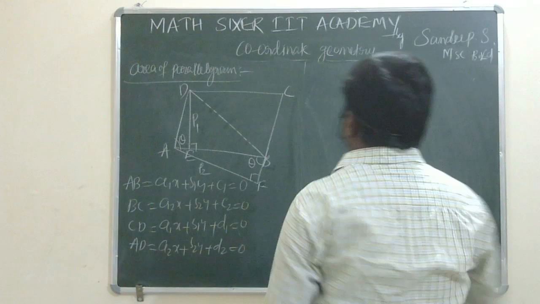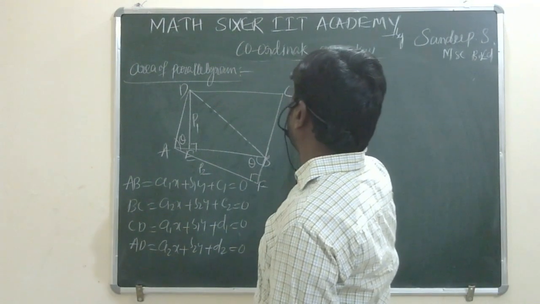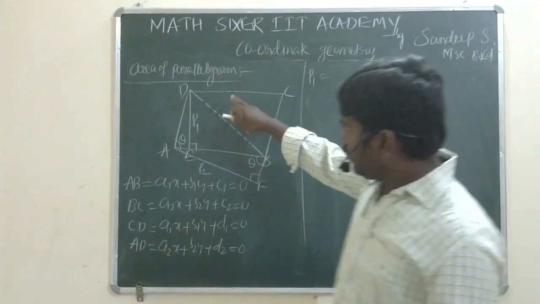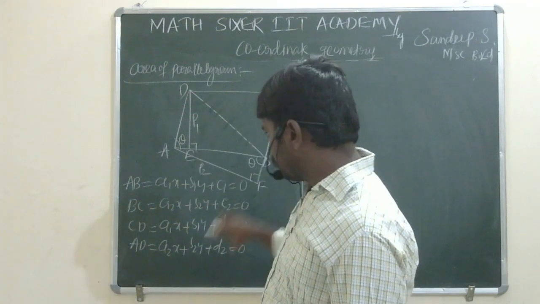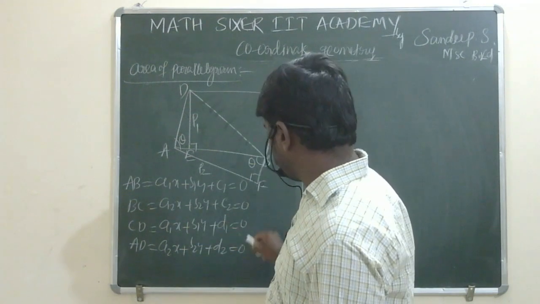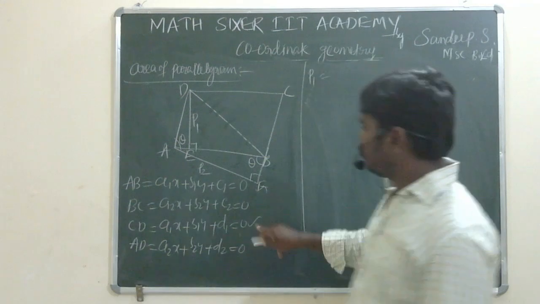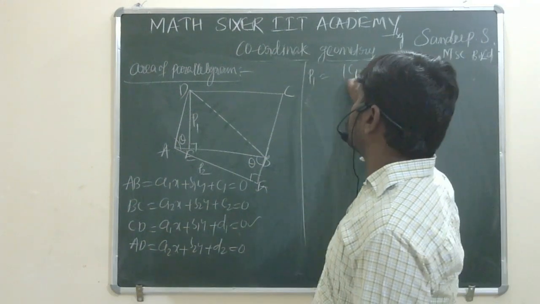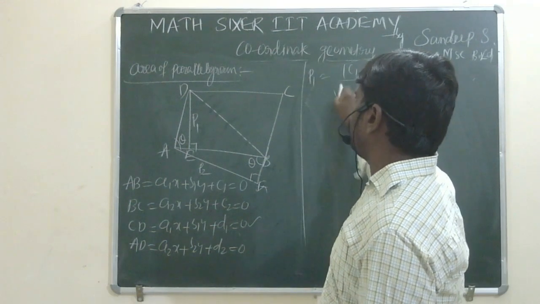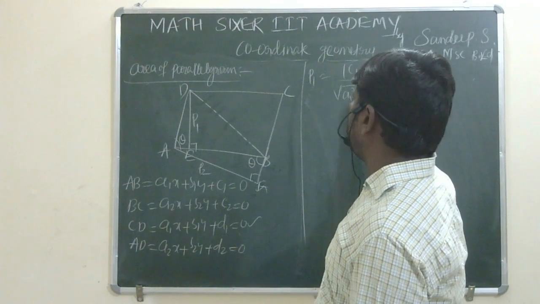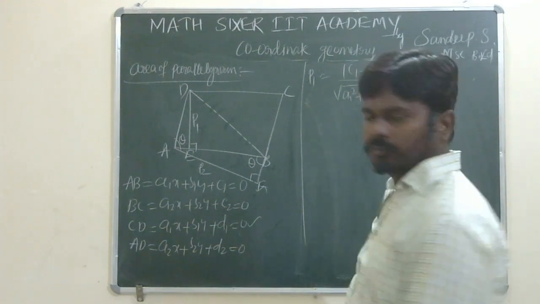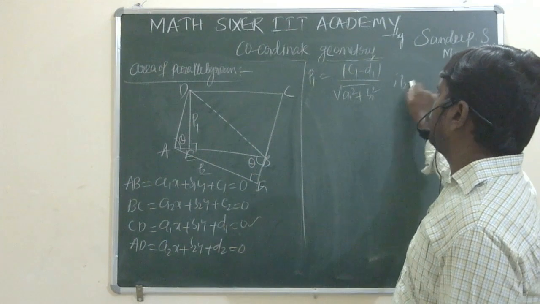So P1 means the distance between DC and AB, that is CD and AB. Perpendicular distance means modulus of C1 minus D1 divided by square root of A1 square plus B1 square. Similarly, what do we mean by P2?